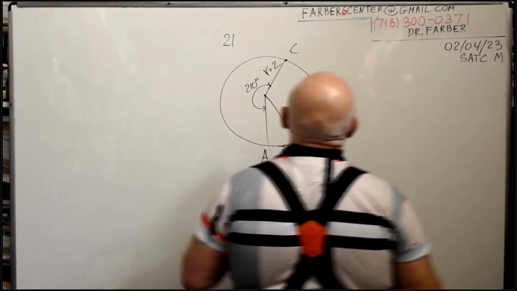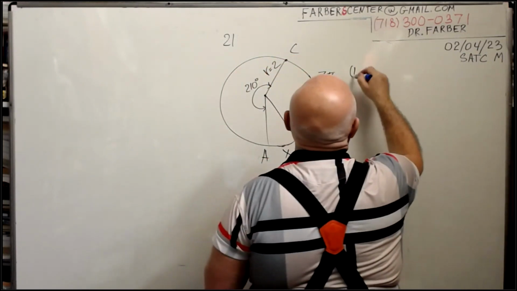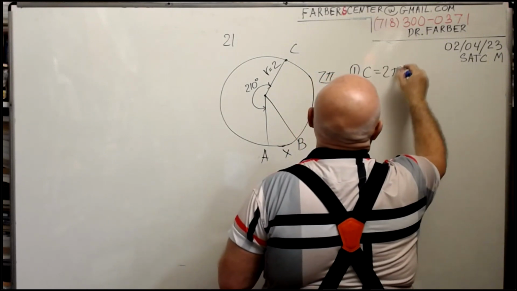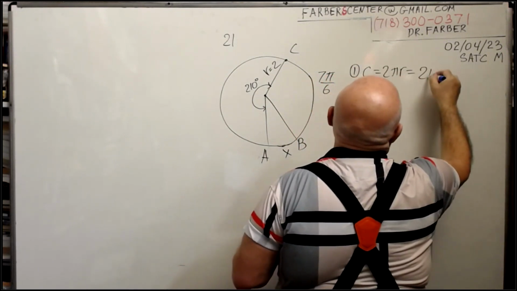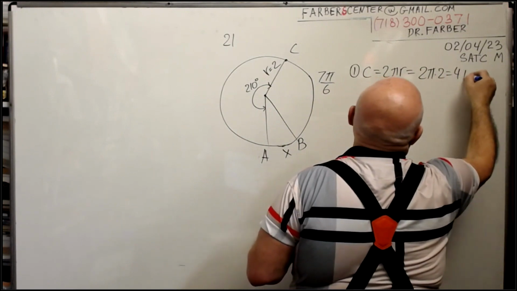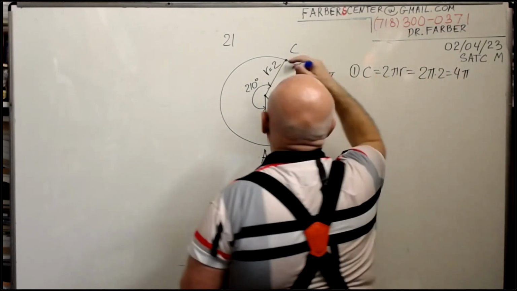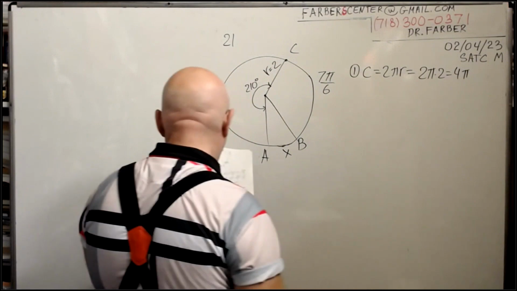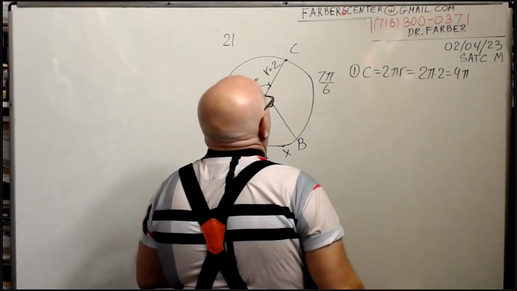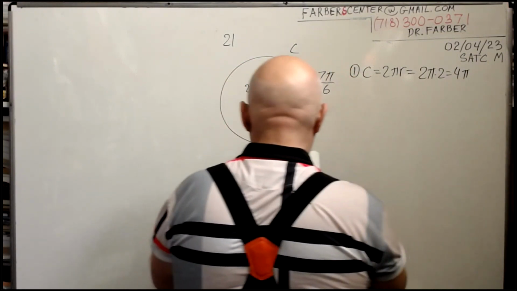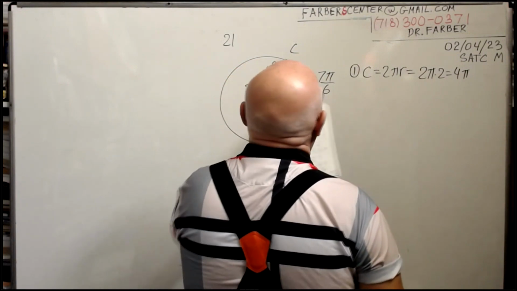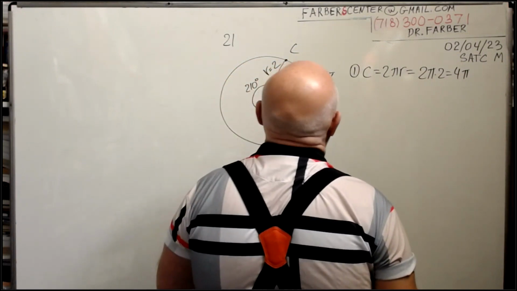Well, since you have radius, you can easily find circumference, step number 1. Circumference is 2 pi r. 2 pi times 2, which is 4 pi, since radius equals 2. Easy. They give radians, they give degrees.